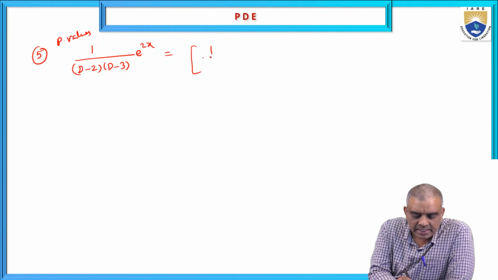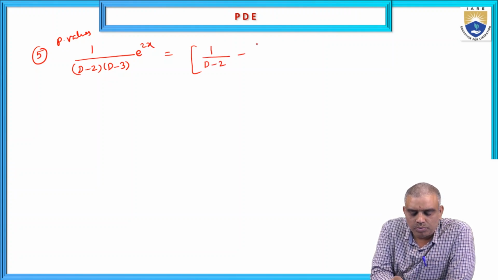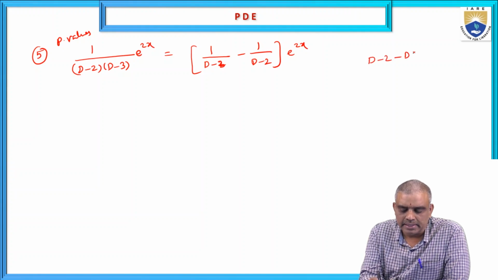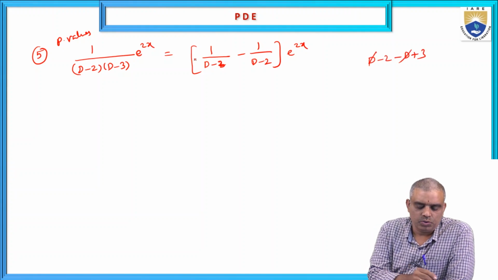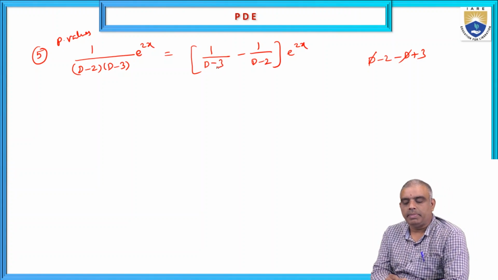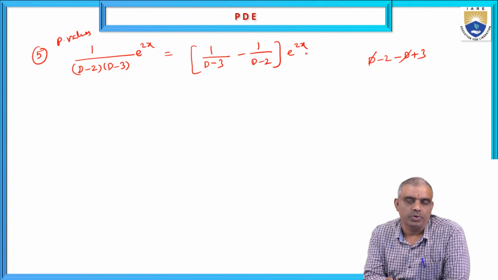For our convenience, I am writing this into partial fractions: 1 by D minus 3 minus 1 by D minus 2 of e power 2x. Can I write? I am writing D minus 2 minus D plus 3. D cancels, 3 minus 2 is 1. I am splitting this as 1 by D minus 3 minus 1 by D minus 2 of e power 2x.